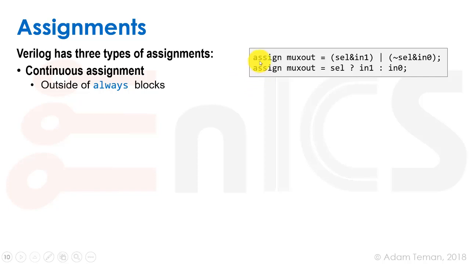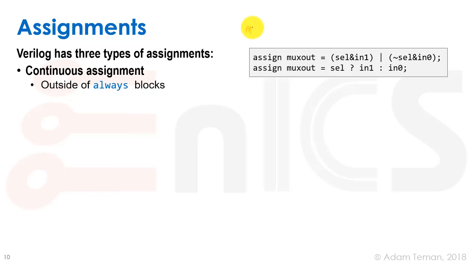So for example, we can describe a mux in this way. Assign, then the name of the output signal, mux out, equals, and we have something here: sel and in1, and sel not and in0.